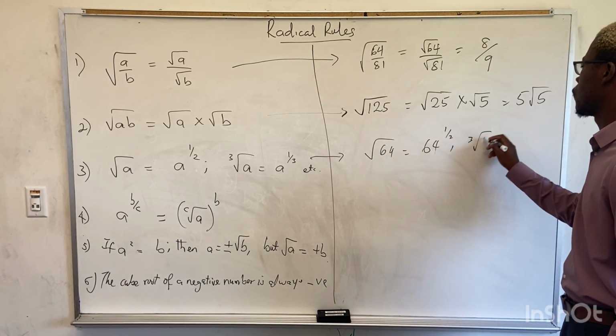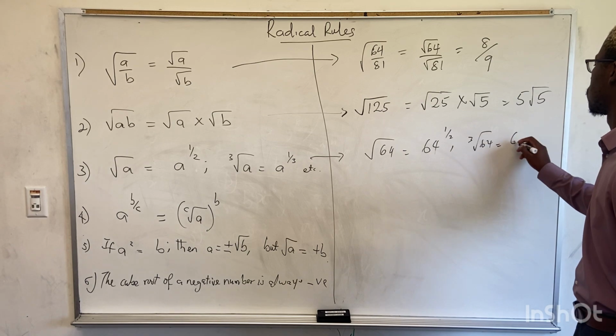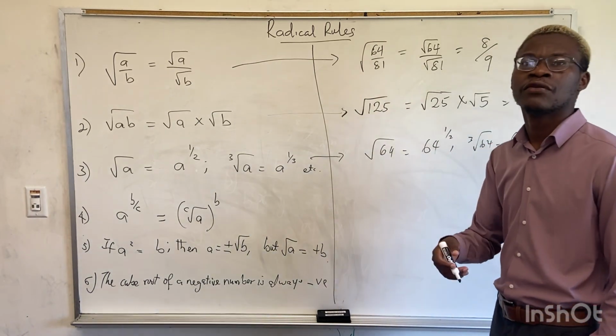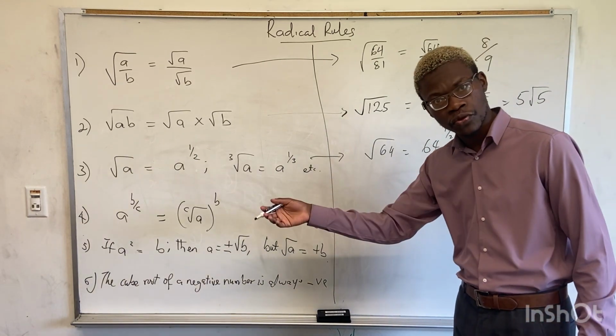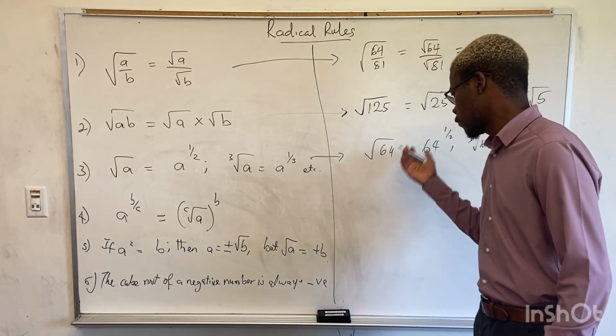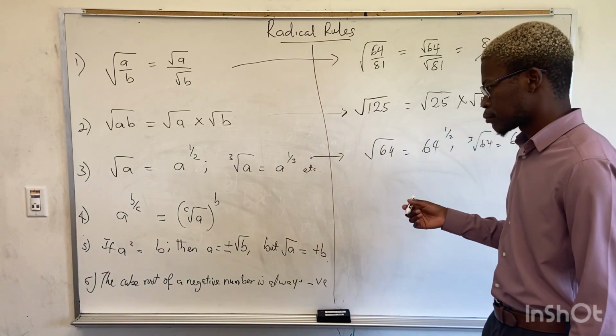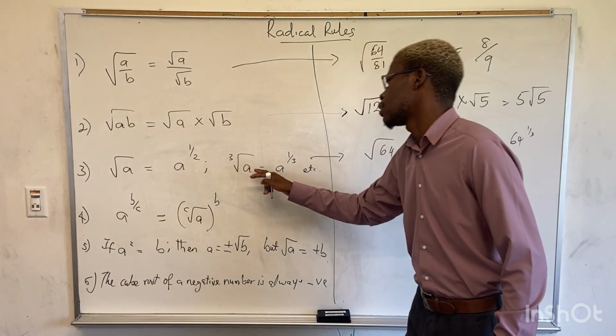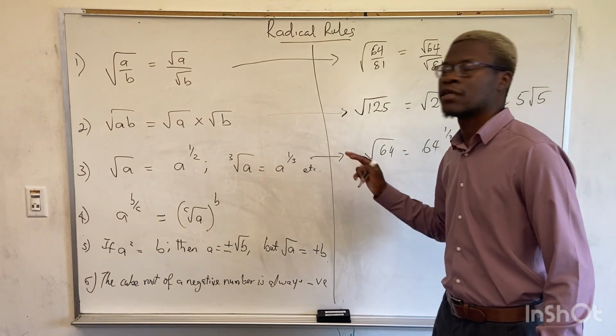Cube root of 64 is the same thing as saying 64 raised to the power 1 over 3, and so on. 1 over 4, 1 over 5. 1 over 5 will mean the fifth root of 64, for example. All right, so square root is a raised to the power 1 over 2. Cube root is a raised to the power 1 over 3, and so on and so forth.